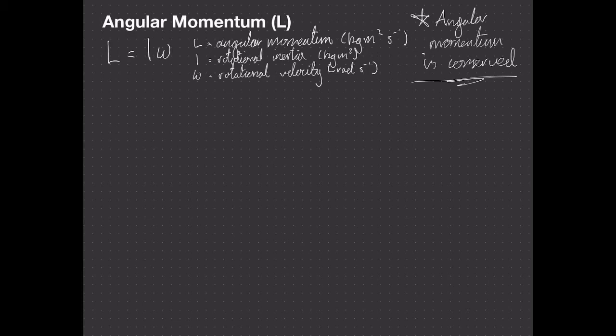We can see that angular momentum is dependent and proportional to both inertia and rotational velocity. Nothing too crazy there. Okay, we can see that if inertia changes, our velocity will change because our angular momentum is conserved.